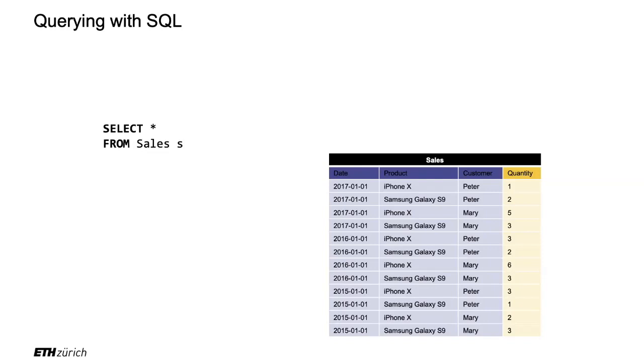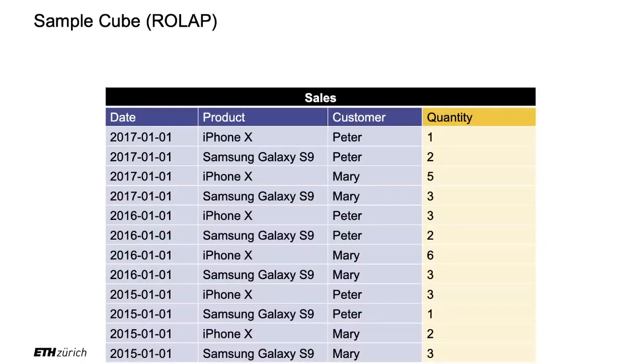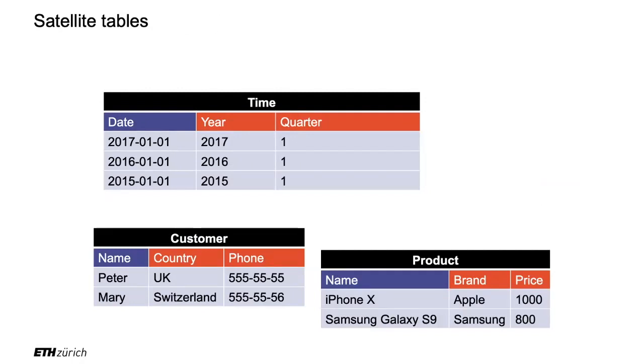For example, you can query the fact table using SQL like this: select star from sales. You can join with the satellite tables if you want to pull the data together. For example, you want to display the year instead of the date. Then you just select the year, the product, the customer, the quantity from sales and time. So you join the tables sales and time, right? So it's this table here with the one on the top, the time table.